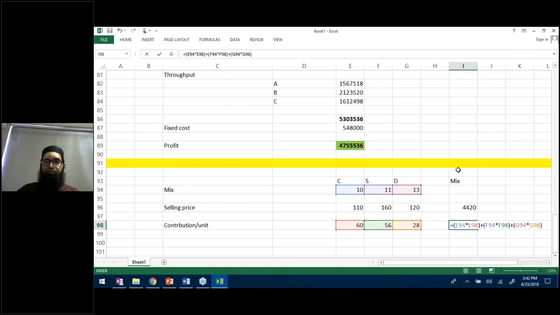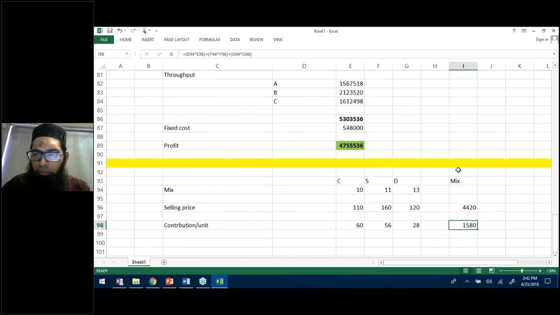Please note that. So the contribution per mix is 1580.